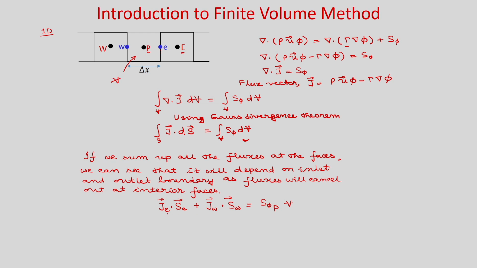So, now you can see that we have approximated this flux vector integral with the flux at the face center value, okay, and this S phi we have taken as the average value at the cell center, S phi P, using the mean value approximation. And whatever mean value approximation we have taken, we will now show that these are second order accurate, okay.